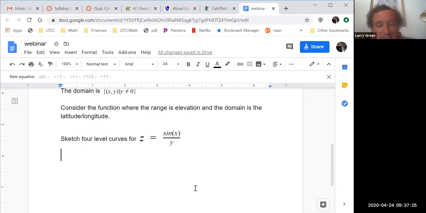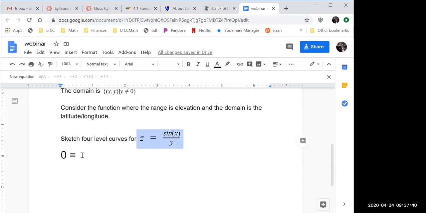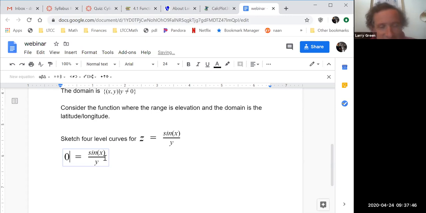Okay, maybe I'll do it because you're not seeing it. So let's start with 0. So 0 equals sine of x over y. In fact, I can do this. Can't get the y value, because if we try to solve for it, you're going to have some issues.